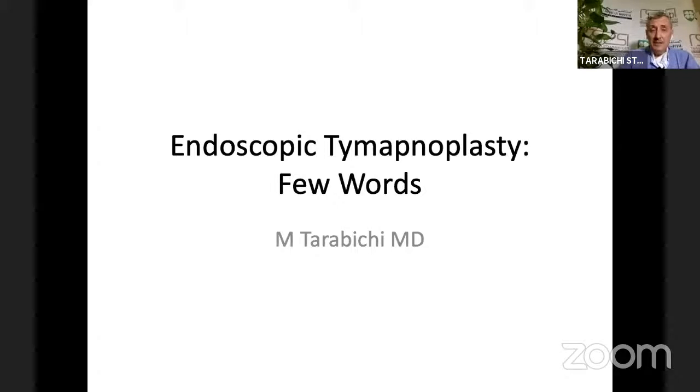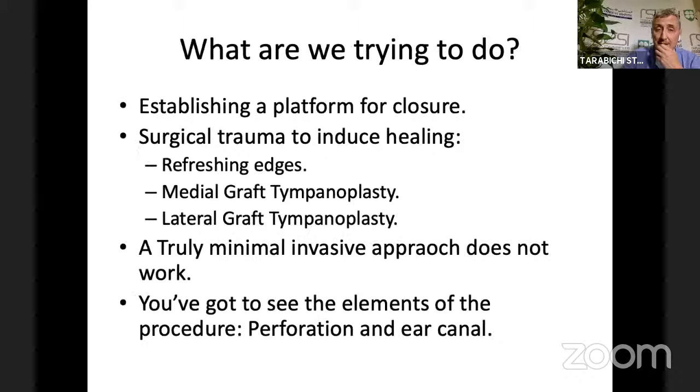I think a lot of people are mainly interested in endoscopic tympanoplasty, so just a few words about this. With tympanoplasty, we're basically establishing a platform for the eardrum to go over. So really, surgical trauma is part of the treatment, because what we're trying to do is stimulate the growth of the healed over eardrum.